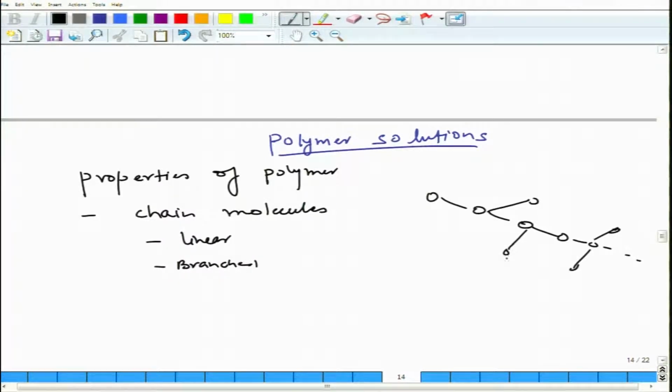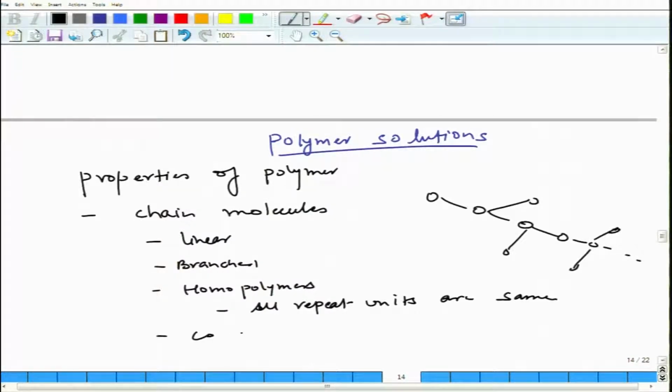Now, when the branches react together, cross linking occurs in the polymer. Then you can have a homopolymer, where all repeat units are the same.